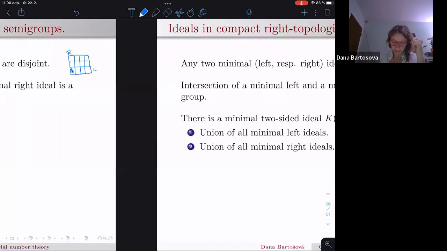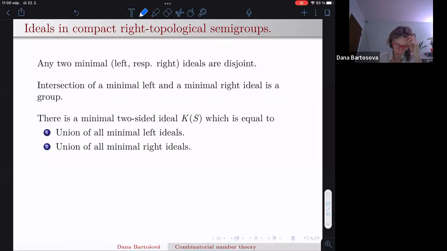And then more importantly, we also have a minimal two-sided ideal, and that minimal two-sided ideal can be described in two ways, well, three ways really. So it's an intersection of all both-sided ideals, but it's also a union of all minimal left ideals and all minimal right ideals. So obviously every both-sided ideal contains a minimal left ideal.